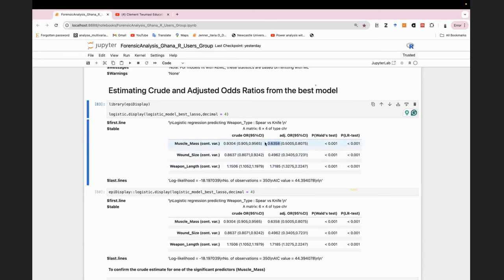So if it is less than 1, report on the deficit. If it is more than 1, report on the excess. The excess is 0.71, that is 71%. So I can say males are 71% more likely to use a weapon than females. That makes more sense than saying 1.7.